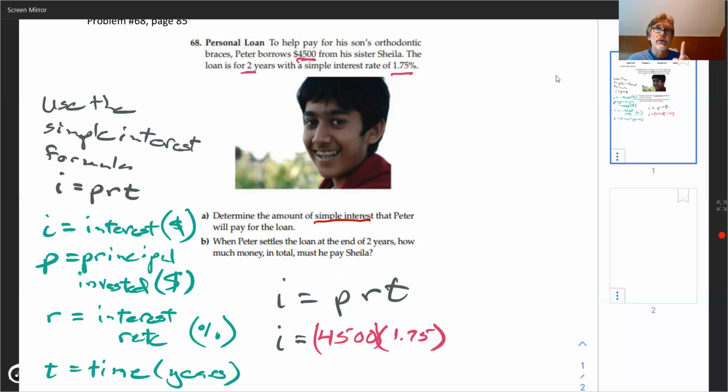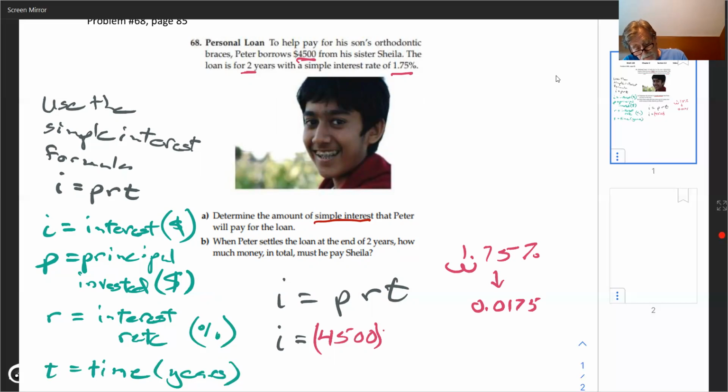When you're dealing with percents, you've got to change the percent into a decimal. So I have to change 1.75% into a decimal, and that means I'm going to move the decimal over twice: 0.0175, because percent really is 1.75 per 100.